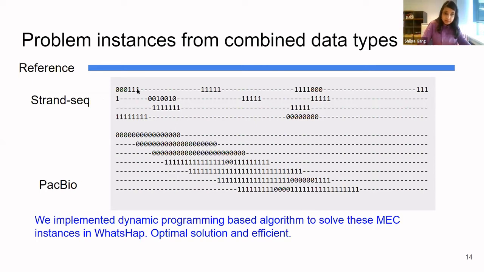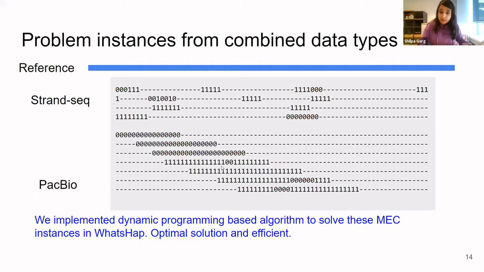But as you see here, there are some intervals of information, zeros and ones, and then there is no information with gaps. And then again, you see some intervals of information. So this suggests StrandSeq is highly sparse.